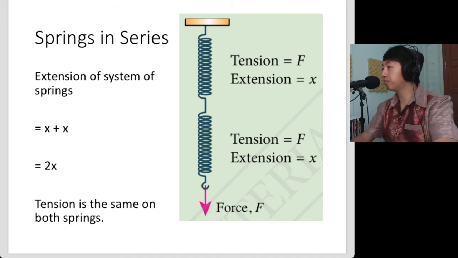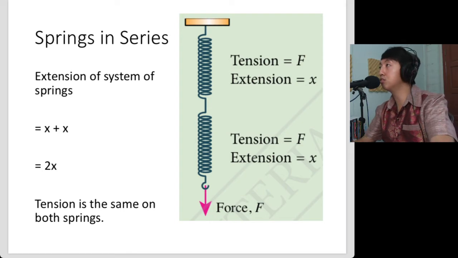So let's say this spring here has a spring constant of 2 and a force is applied of 2 newtons. Okay? Kamu kena calculate berapa spring yang pertama extend, and then separately you have to calculate how much the second spring extends. Tension is the same on both strings. Kalau 2 newton dia punya force, dua-dua spring akan mengalami 2 newton.